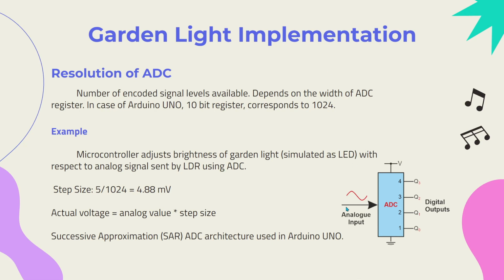Here is the ADC block diagram. There is an analog input and it is converted into digital output bits. Arduino Uno is using the successive approximation method to convert the analog value into digital.